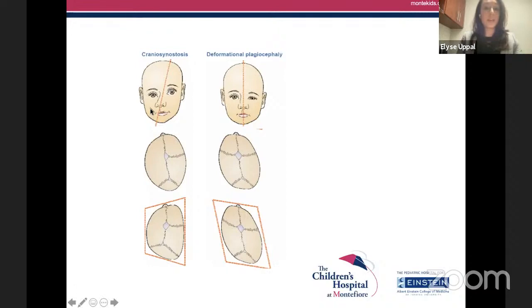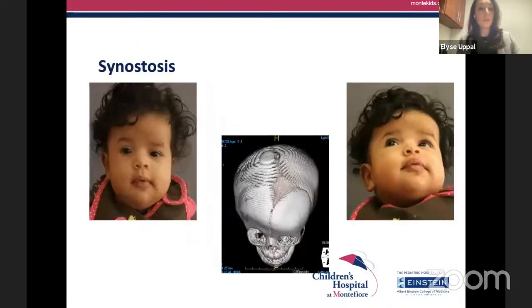So in the case of this graphic here, it would be displaced anteriorly towards the left side because that's the suture that's fused. And then the tip of the nose and the chin actually deviate contralaterally. So they go towards the opposite side of the fused suture, and the eyebrow and orbit on the affected side appear elevated.